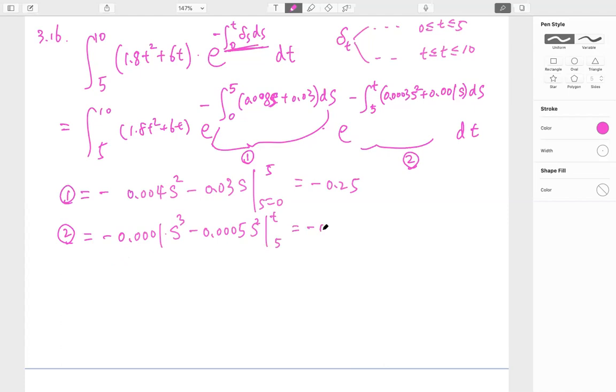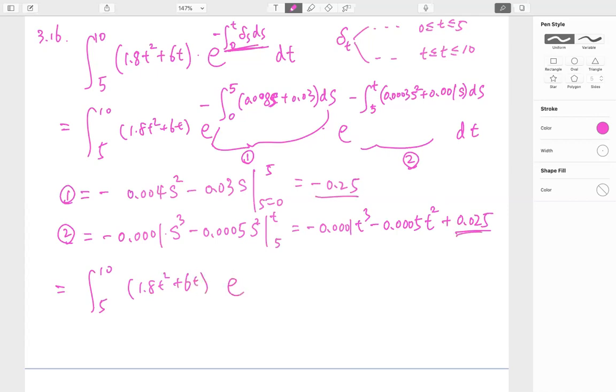Okay, so I get negative 0.0001 t cubed minus 0.0005 t squared. There are so many zeros, my eyes are confusing. Minus becomes plus, so eventually you get 0.025. Do the computation. So here's e.